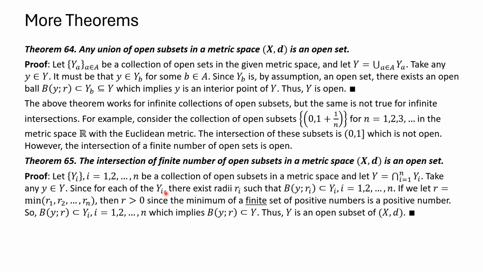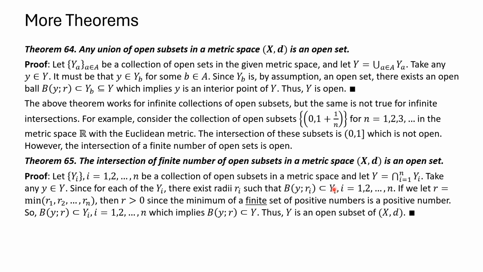Since for each Y sub i there exists a radius r sub i such that the open ball about y with radius r sub i is in capital Y sub i. So we have this here. Then you can kind of see where we're going here.